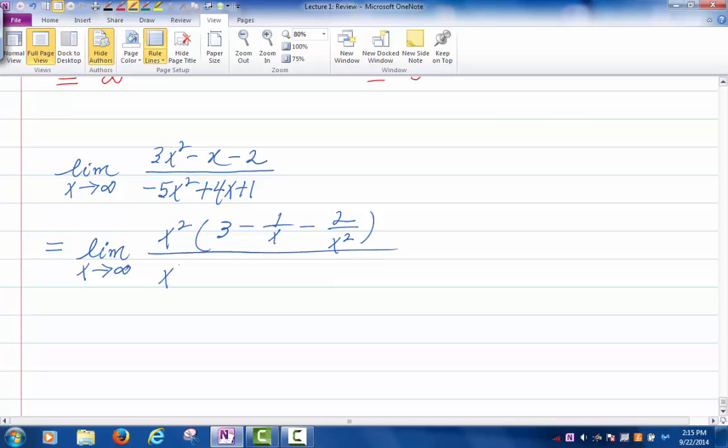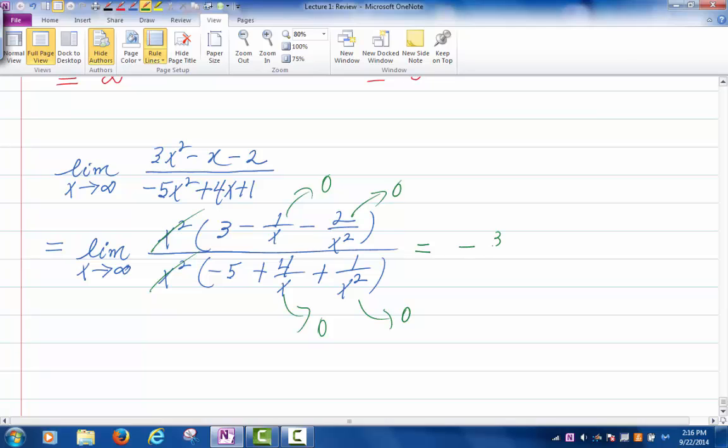In the denominator, I get negative 5 plus 4 over x plus 1 over x squared. Now I can cancel out x squared. These terms are going to 0. So what am I left with? Negative 3/5. That's the limit, right?